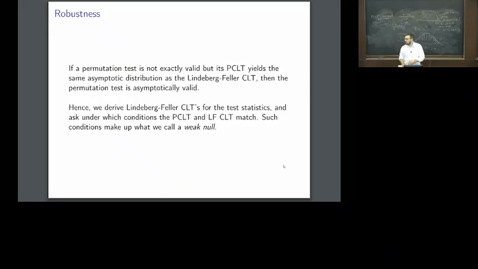So if we were to choose the quantile from the finite sample randomization distribution, we know we have validity there. Is that right? If you have the strong null, yeah.